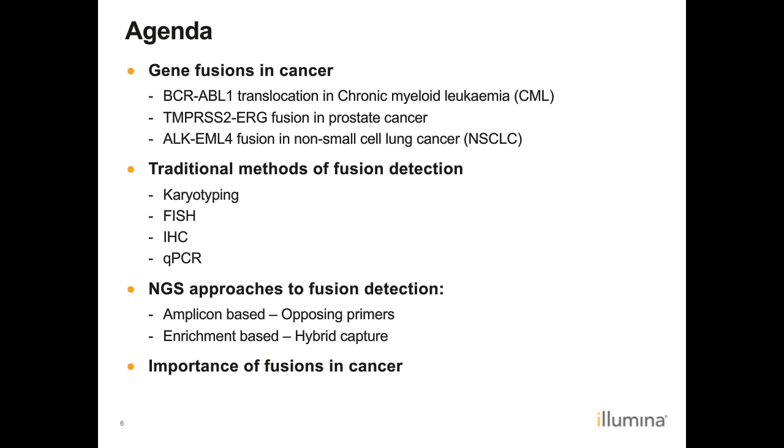Finally, we will explore NGS-based approaches, and I will compare two methods of library preparation that can be used for detection of gene fusions, amplicon-based and enrichment-based. I will conclude with explanation how accurate detection of fusion events can help with the management of cancer patients.